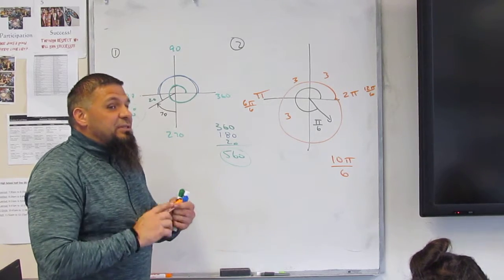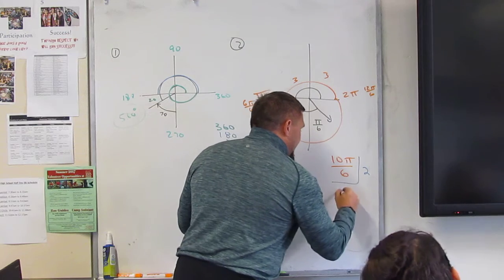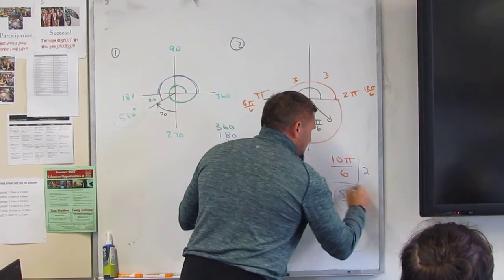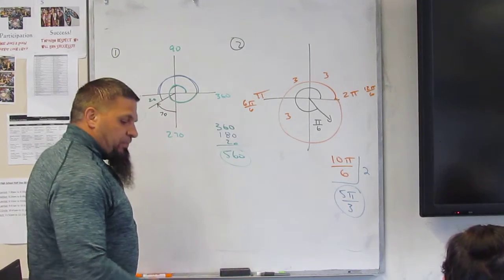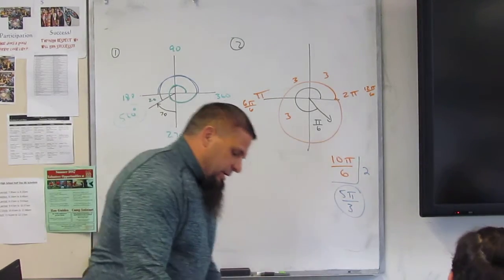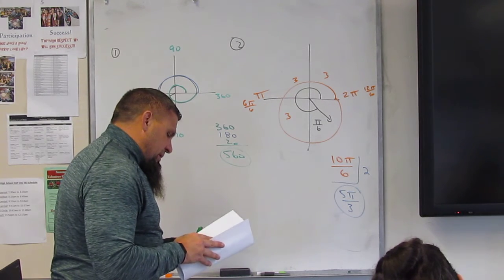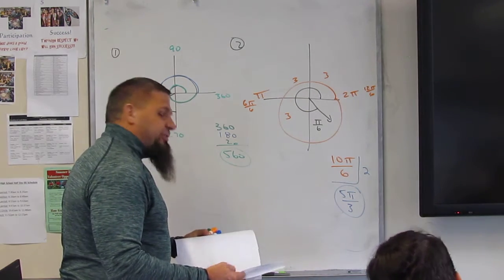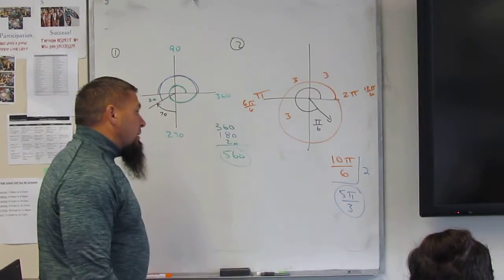Now we can reduce that, and get 5 pi over 3. Now I don't know what they're going to do. I can look at my answer here in the back. And number 2 is 5 pi over 3. So they did reduce it. Okay? But that's how you do that.